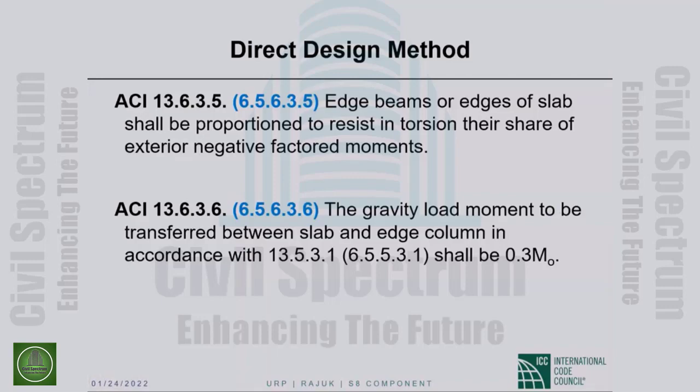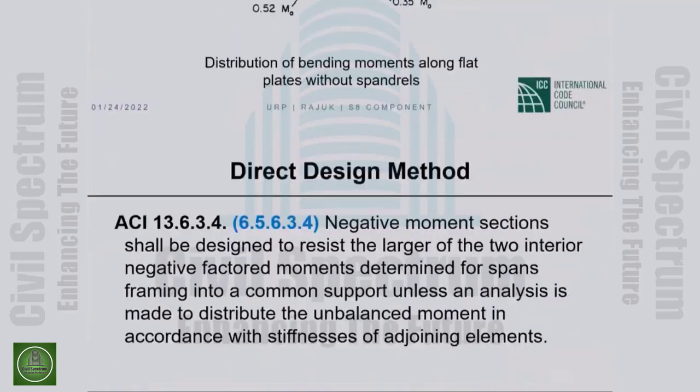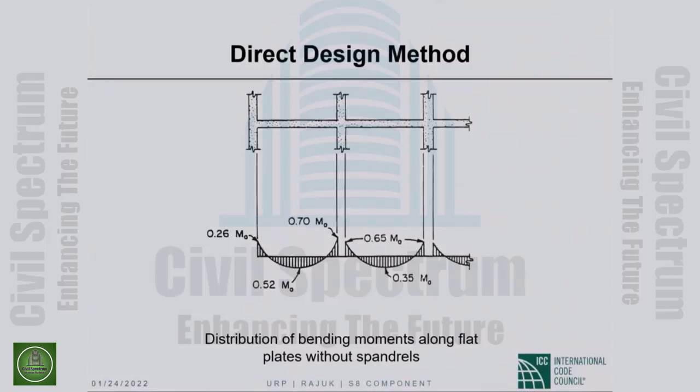Okay, what this is saying is something almost a little bit strange. The moment here is 26% of M sub 0, the negative moment in the slab at the exterior support. So normally you would expect to transfer 26% of M sub 0 to the column.